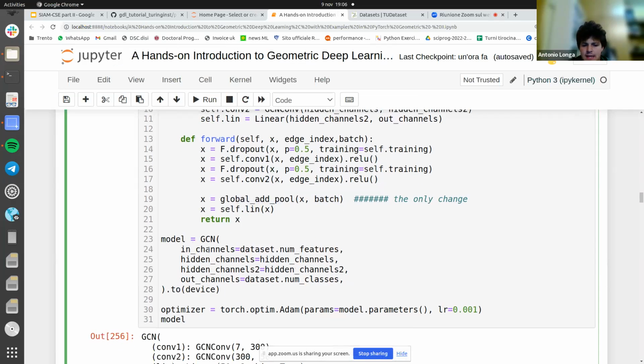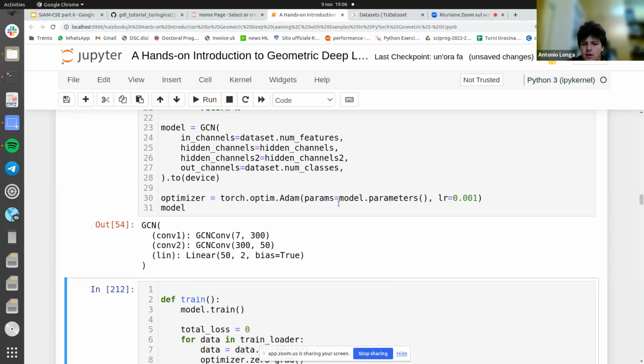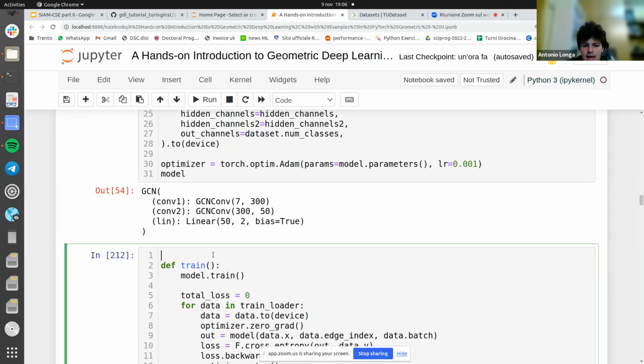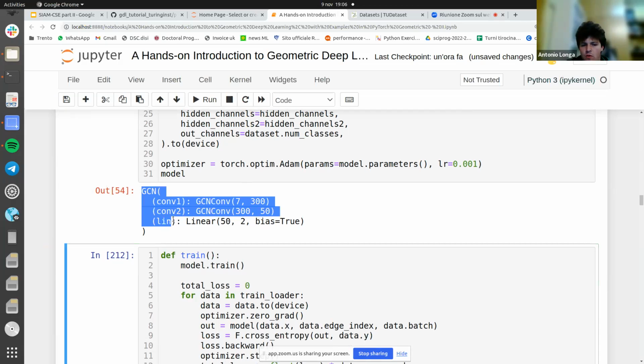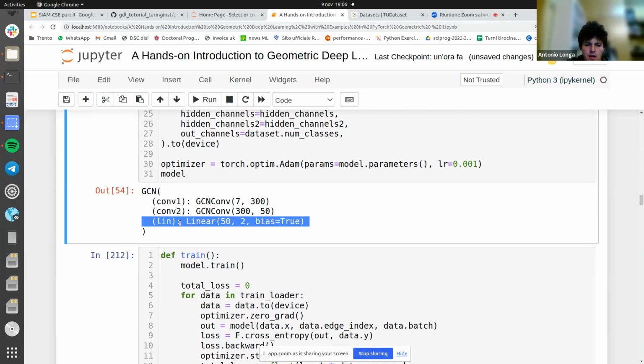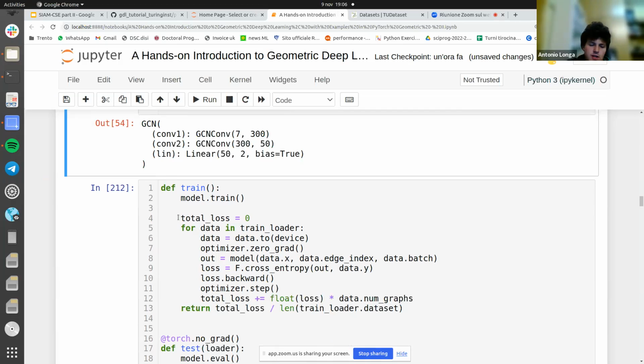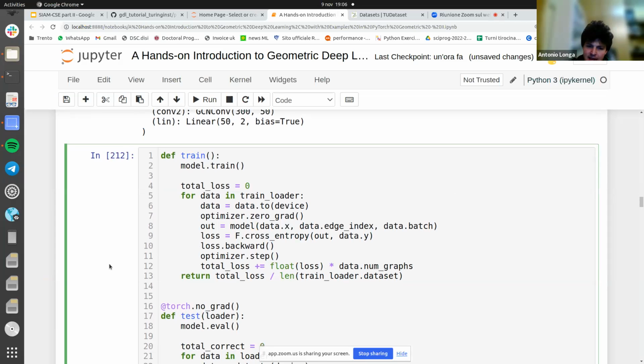Once again, we instantiate the model, we instantiate the optimizer with our parameters and the learning rate. And then we have the preview of our model. Quite simple. To finish, in terms of training and test, it's basically the same. The only difference is that right now we are not iterating over each graph like before, where we were iterating over each node, while here we are iterating over our batches.